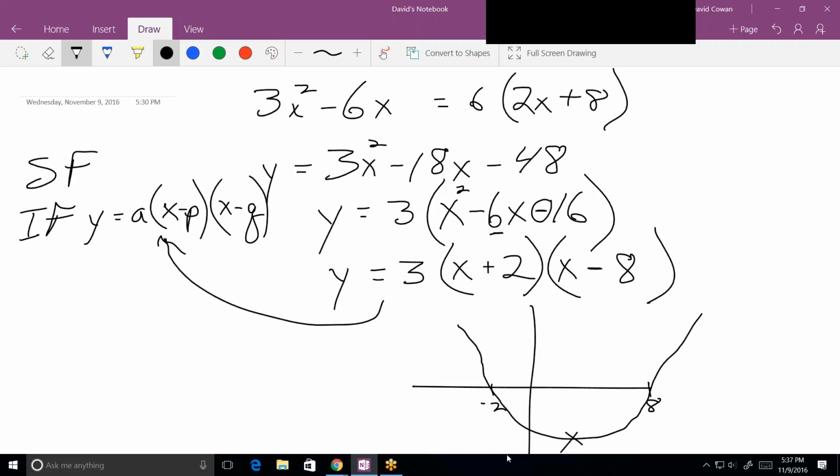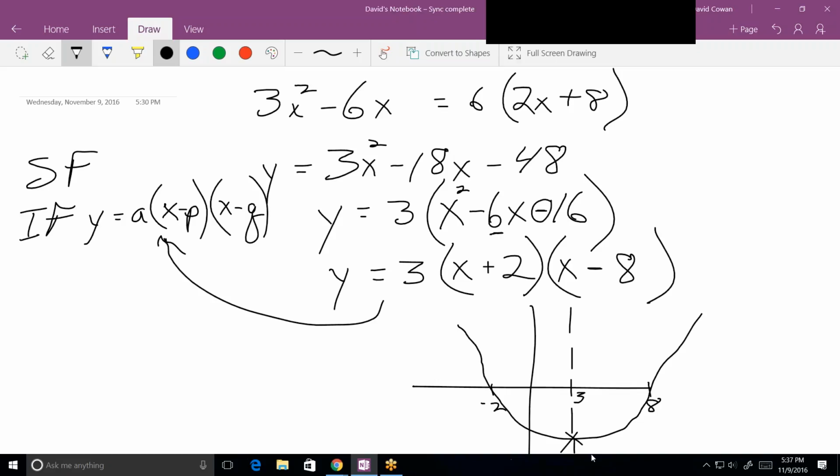Mm-hmm. How would I find out where this line of symmetry is? Well, by plotting the x-coordinates and finding the halfway point. Halfway between these 2 points. Well, what's halfway between these 2 points? 3, right? Yeah, what you do is add the 2 numbers and divide by 2. Okay.